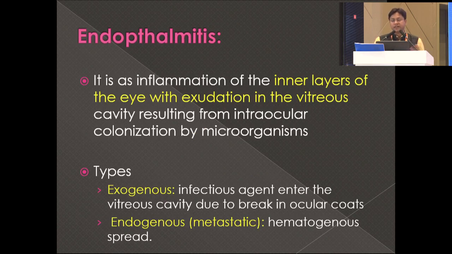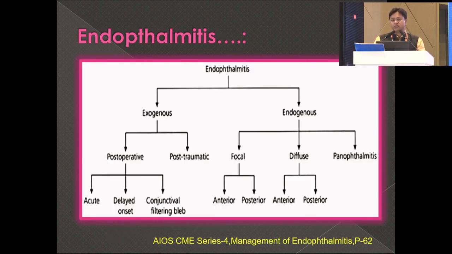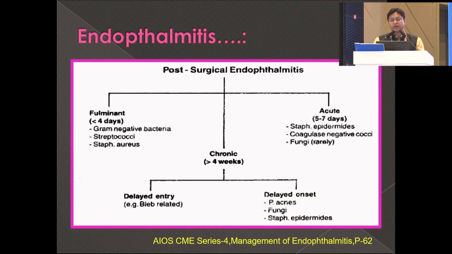Endophthalmitis, I am not going into detail, as Dr. Mathur sir already explained the types and how we know about endophthalmitis, but I would like to say just note down the time period. If it occurs within 4 days, it is acute type, and the most common organisms involved are strepto and staph.